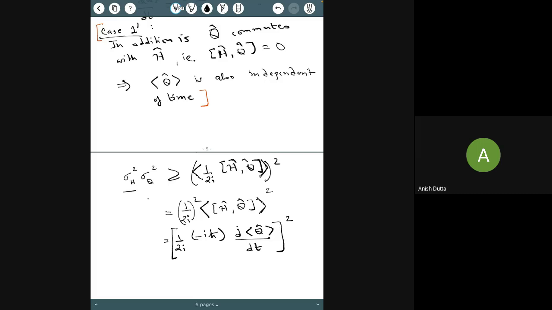Time itself you cannot quantify for a state because, like I said, there is no operator for time. So the effect of time is always on some property. So here we are taking that general property to be Q.